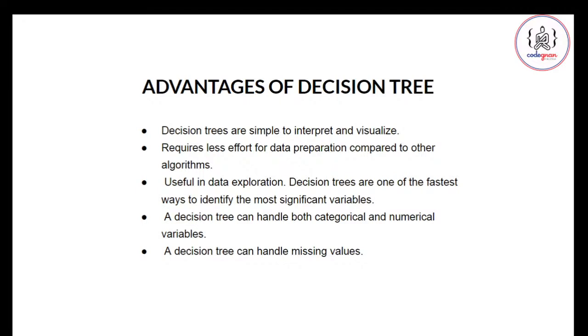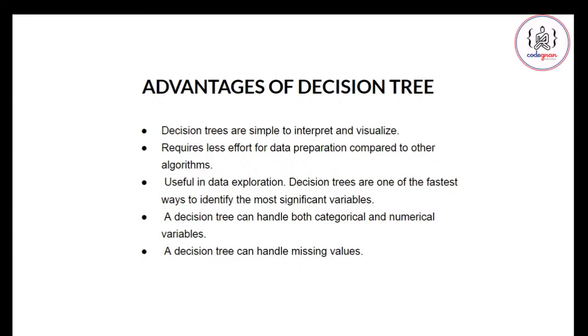It requires less effort for data preparation compared to other algorithms. Here you don't have to specifically find out the missing values. It handles the missing values as well, and you don't have to do a lot of data preparation for this decision tree algorithm. It is also useful in your data exploration.